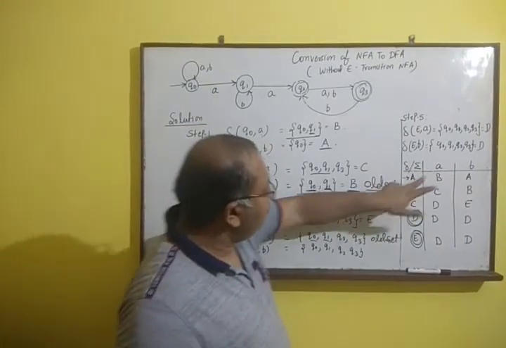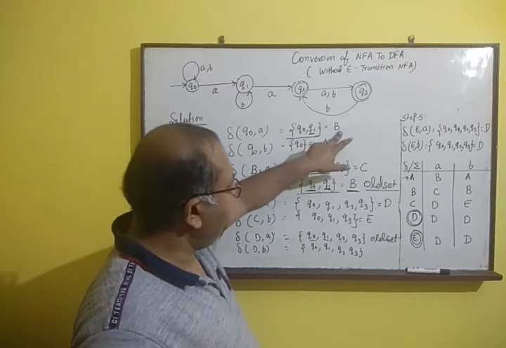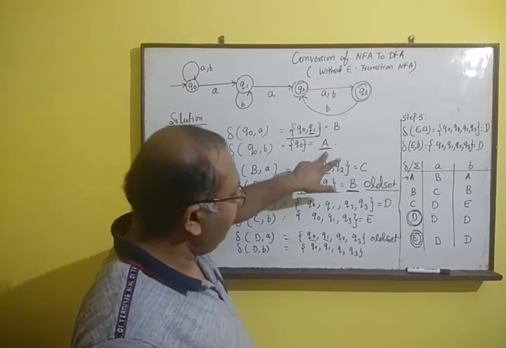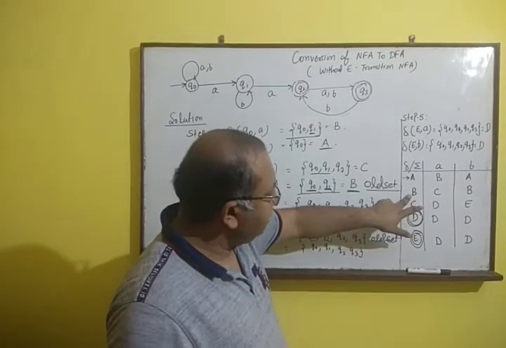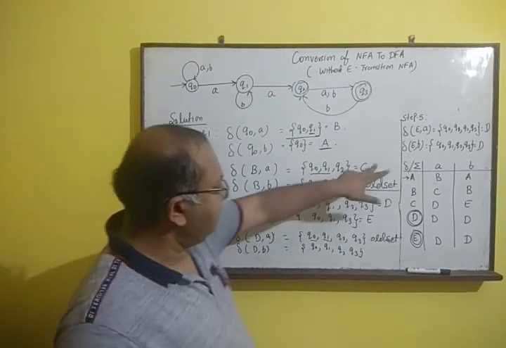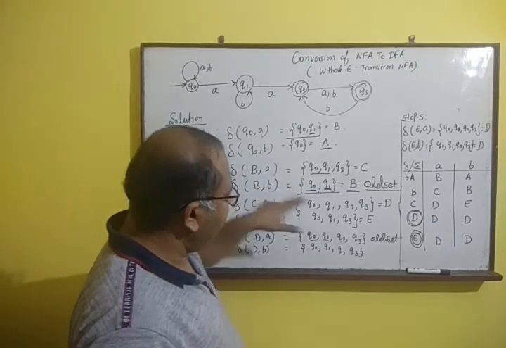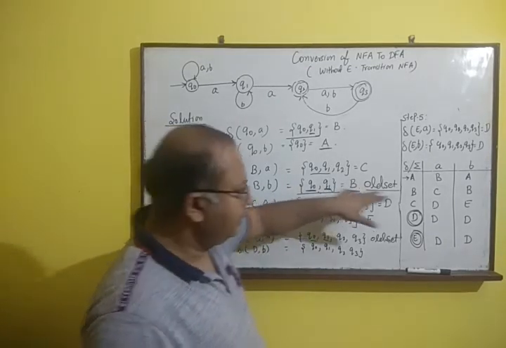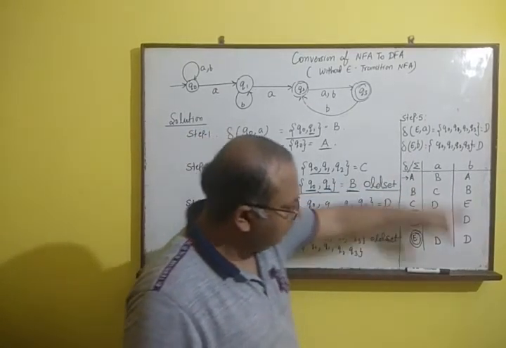On A move, this initial state is giving us B state, and A state on B move. This is what we are writing. On B set, on A move we are getting C set, and on B move it is giving us the B set. So this is what we are writing. In the same way we have completed our table.